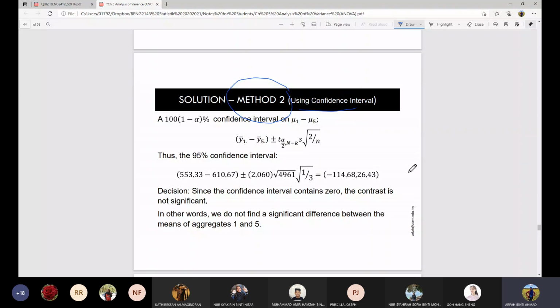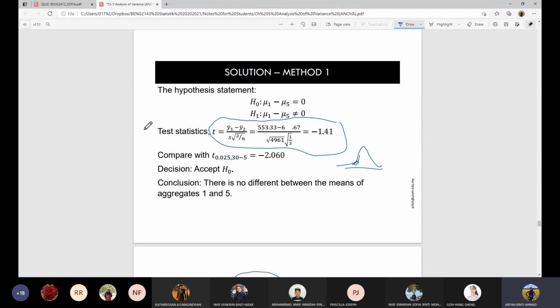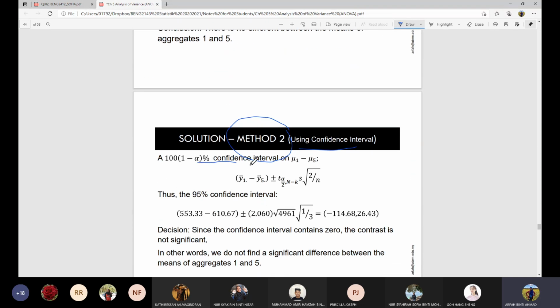Okay, method 2. So meaning that for this particular thing, awak buat dia punya hypothesis testing sama je. Dia punya yang berbeza dekat step this one. This is the step that is not going to be the same. So rather than using the test statistic T equal to y bar 1 minus y bar 2 and so on, kita akan menggunakan confidence interval.